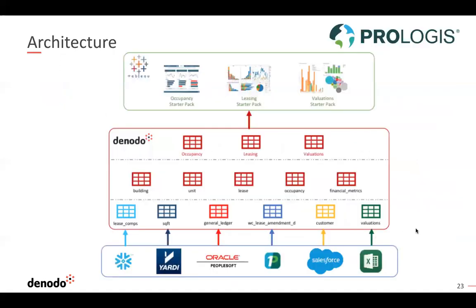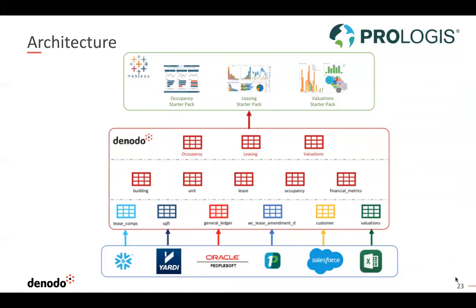So they created, looking at this architecture, as you see, they have underlying data sources, different kinds of sources: Snowflake, Oracle, flat files, Salesforce, Excel files, and then they have Tableau sitting on top to consume the data. They wanted to create a virtual layer in the middle.